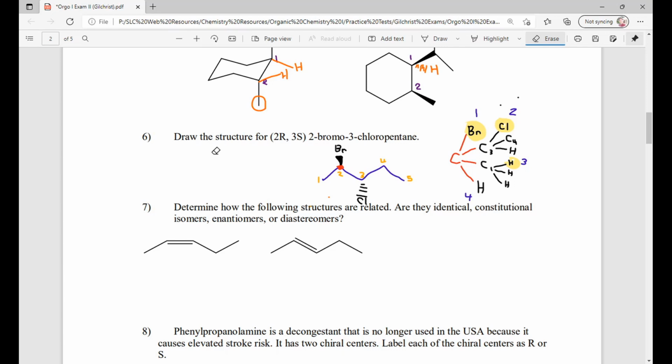All right, what's next? What would you think about these? Identical, diastereomers, constitutional isomers. Sorry, I cut you off. Go ahead.